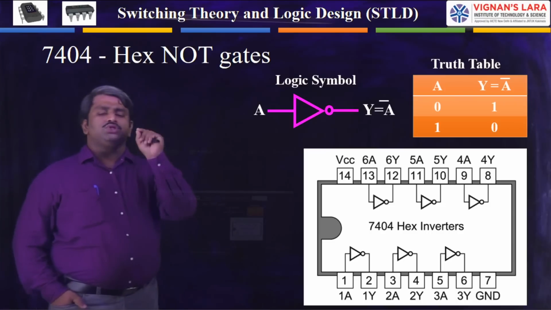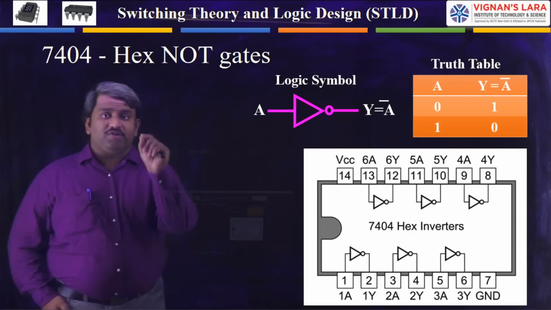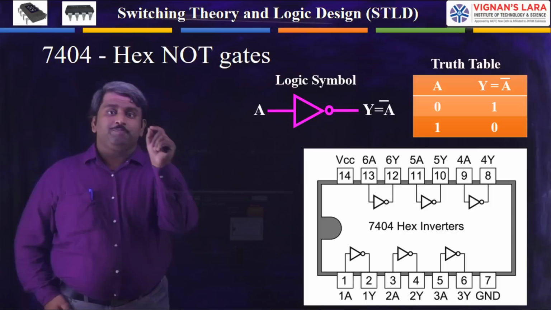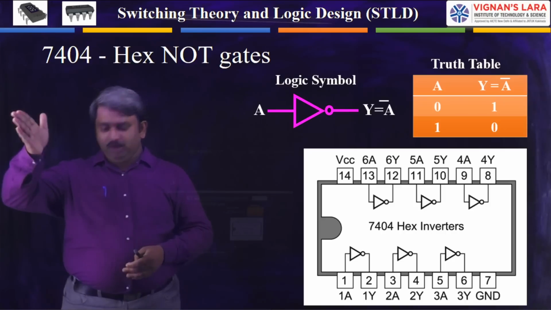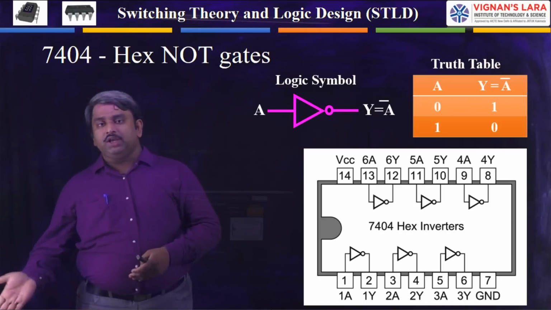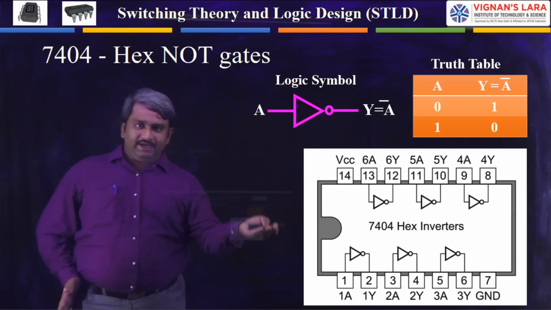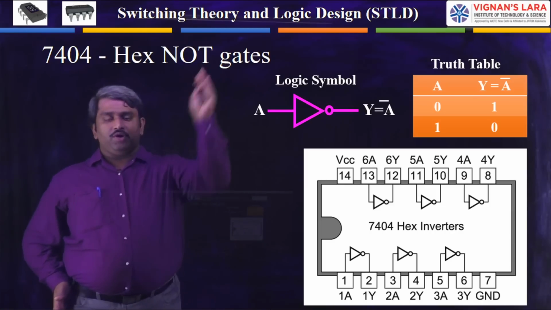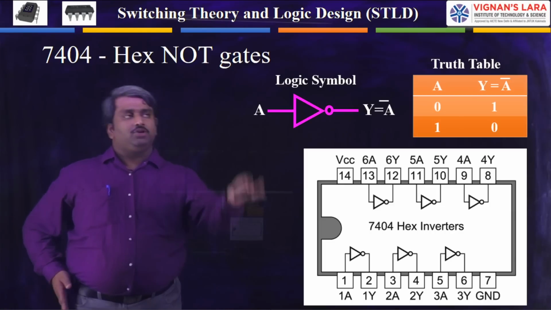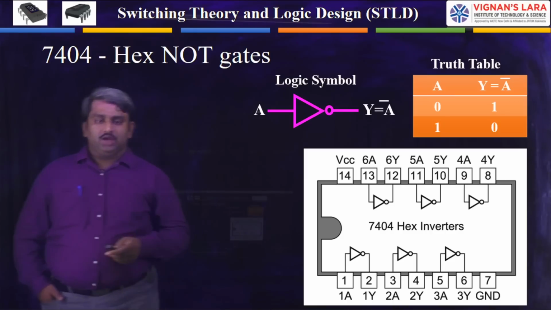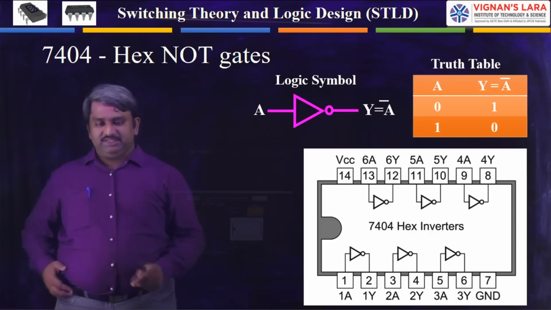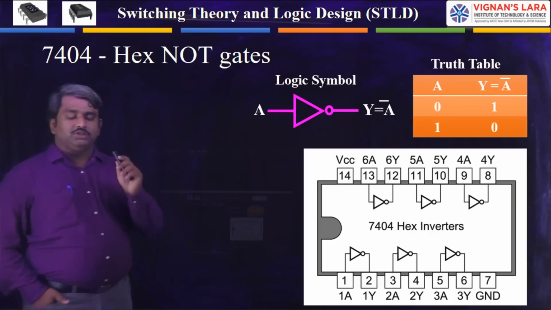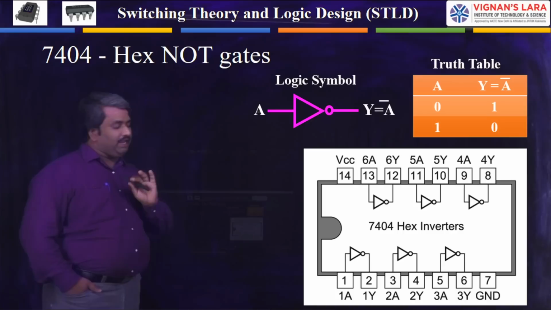For most integrated circuits, the lowermost pin on the left side is generally represented as ground, and the topmost pin on the right side, relative to the notch, is generally represented as VCC. So one is ground and another one is VCC. This is the generalized representation for any type of IC.